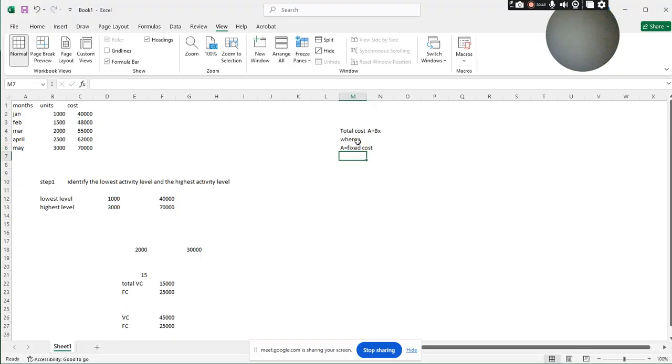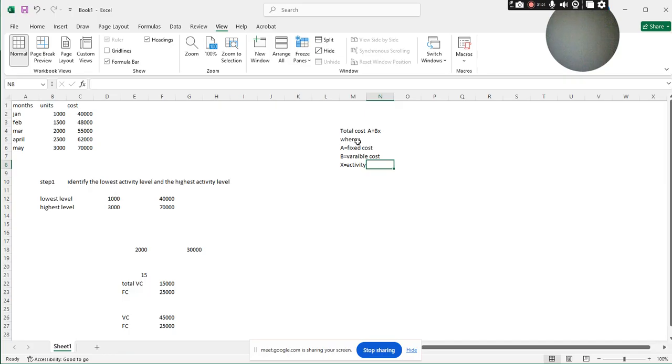B is equal to variable cost, then X is equal to activity level or production unit, or production.